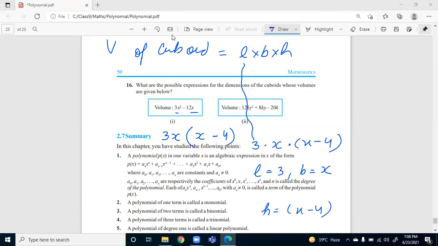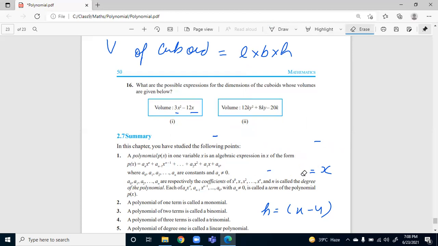Okay, so let's proceed to the second part. And again you have to calculate the volume for the second expression also. So the volume of a cuboid is length into breadth into height, that we know. Okay, so if you look at this expression, what can you take common? Ma'am, 2.